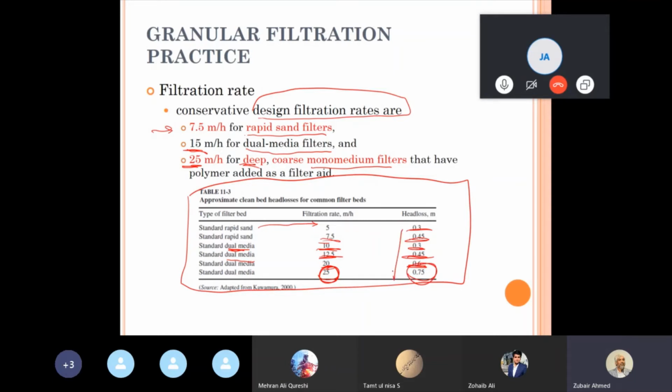So depending on head loss, we can select the filtration rate. This head loss is the head loss which we can manage.